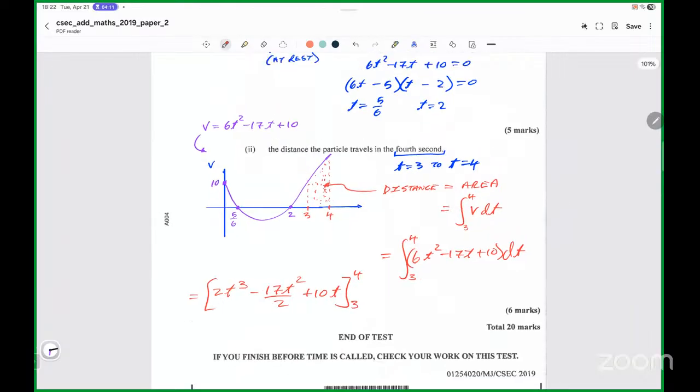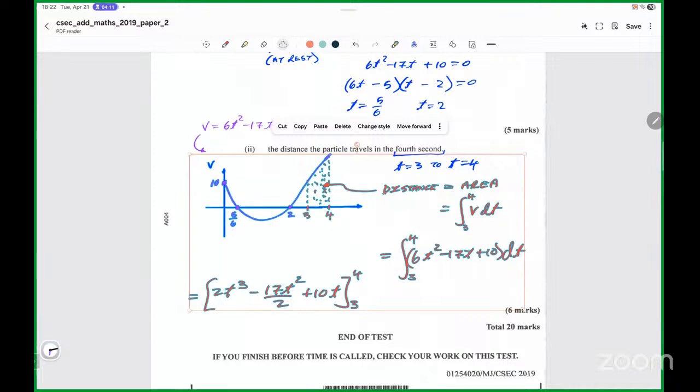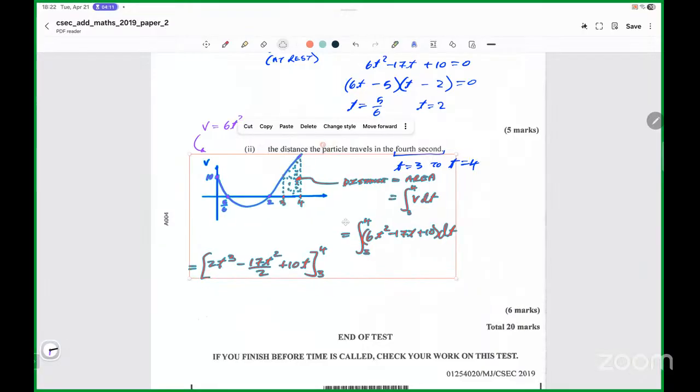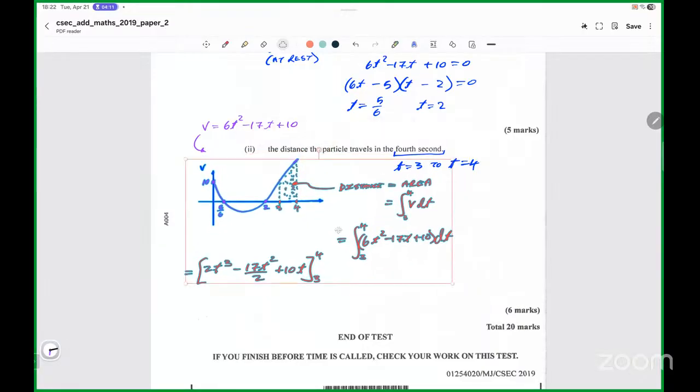Let's plug in the values now. I plug in the 4, plug in the 3 and subtract. You get me?